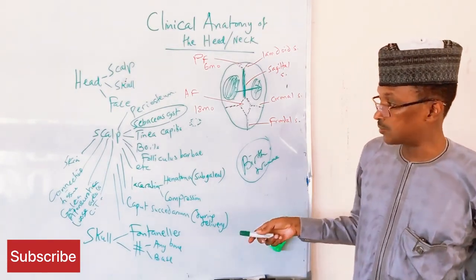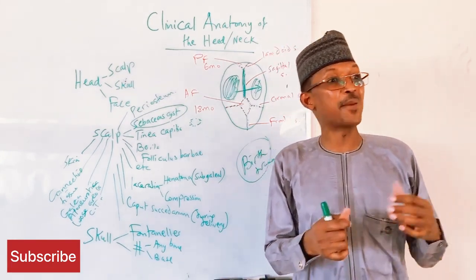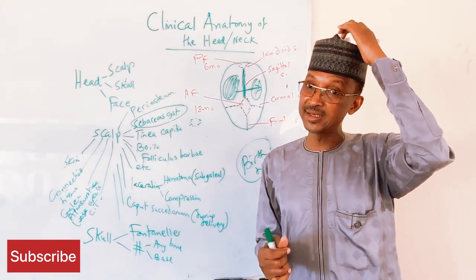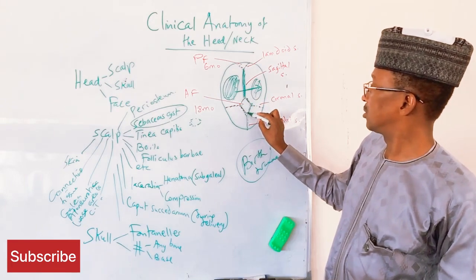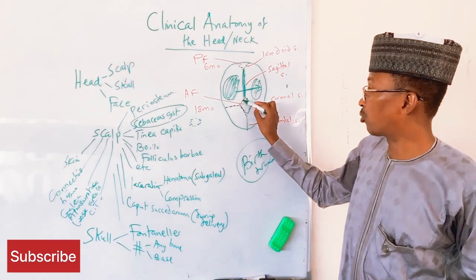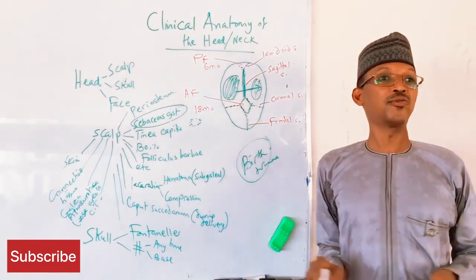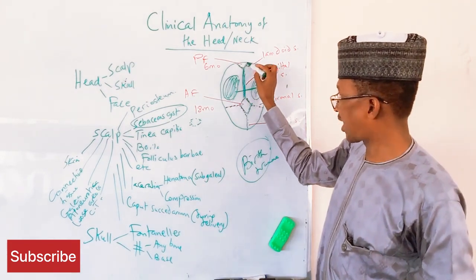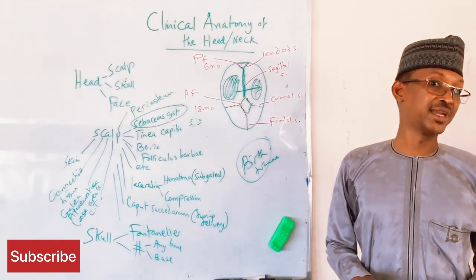So again, you all know that when a baby is born, there are some gaps that one can see in the top of the head, a very wide diamond-shaped gap in the anterior part of the superior part of the head. This is what we call the anterior fontanelle. At the back, there is another gap which is triangular, and that is what we call the posterior fontanelle.